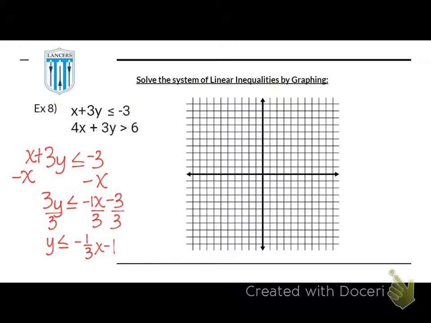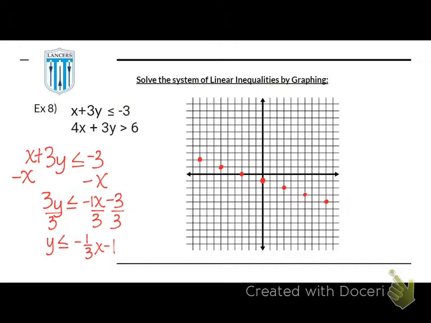Okay, let's graph it. Where does it start? Negative 1 on the y-axis. From there, we should go down 1, right 3, down 1, right 3, down 1, right 3, or up 1 and left 3, up 1, left 3, up 1, left 3.